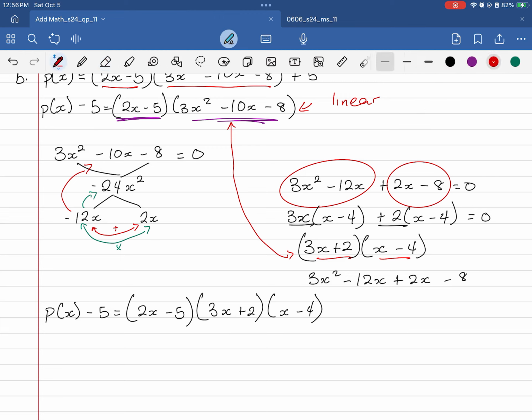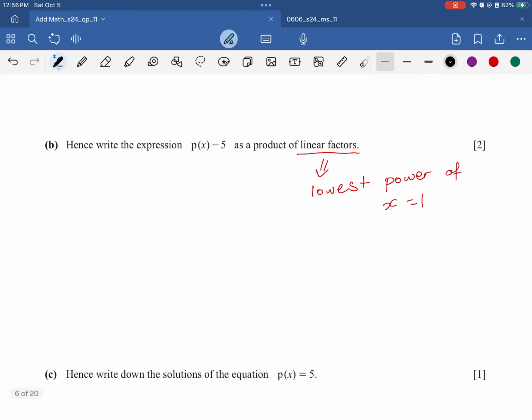So now we have our answer here. px minus 5 is equal to 2x minus 5, 3x plus 2, and x minus 4.